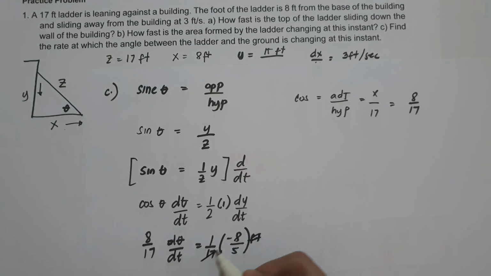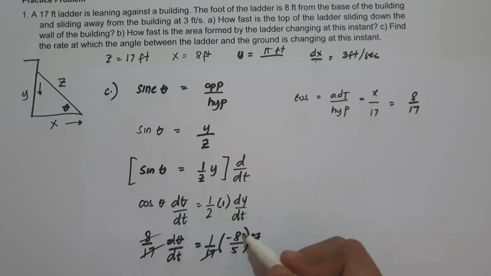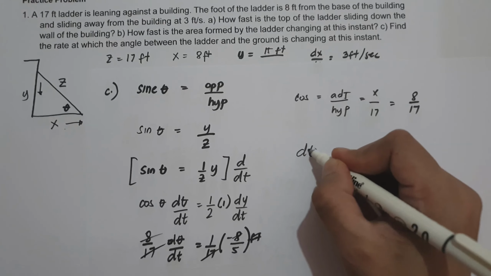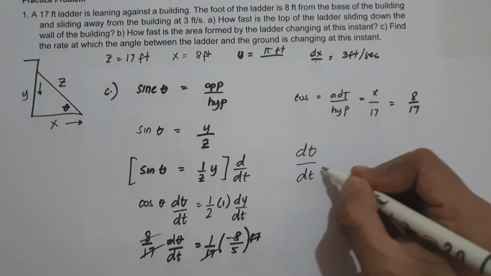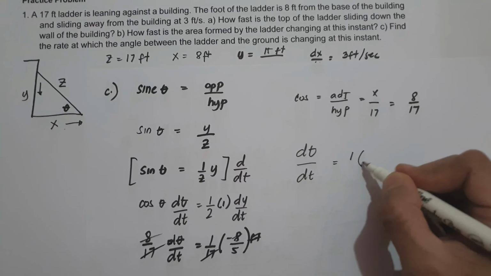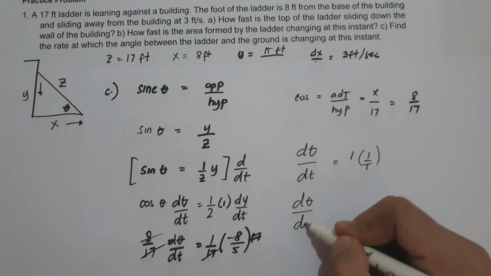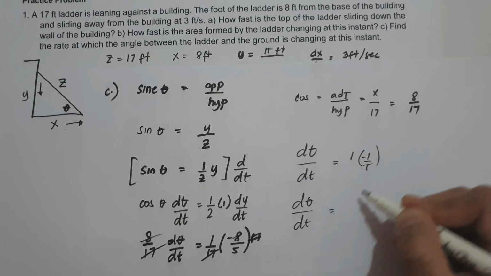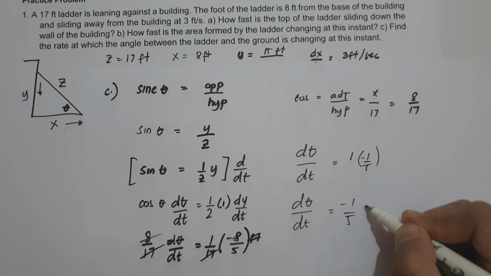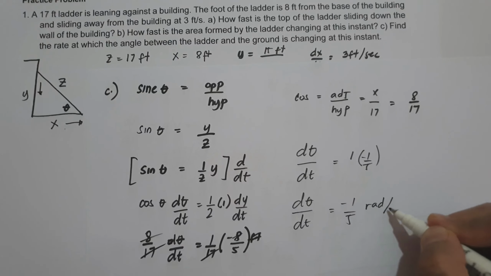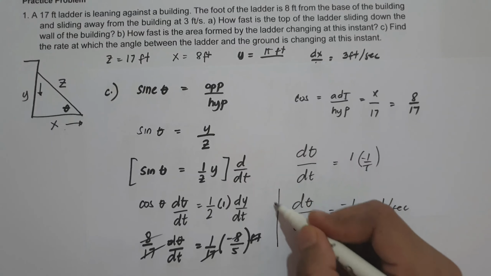So let us cancel 17 and let us cancel 8. It will give us d theta over dt, that is 1 times 1 over 5. So d theta over dt is negative 1 over 5, and the units are radians per second. This will be our answer.